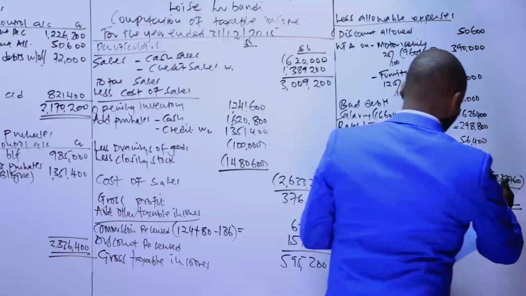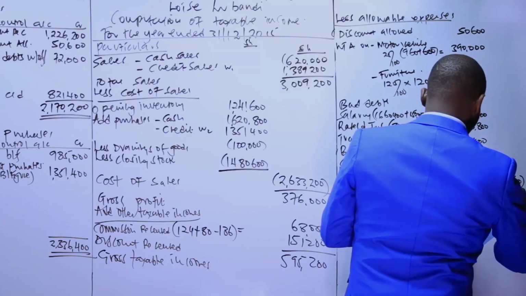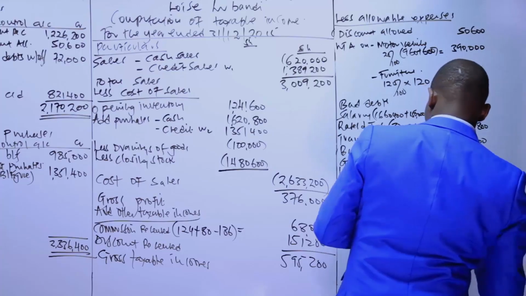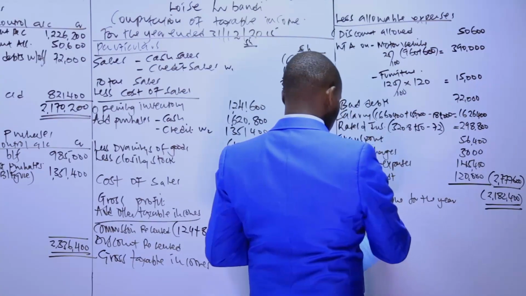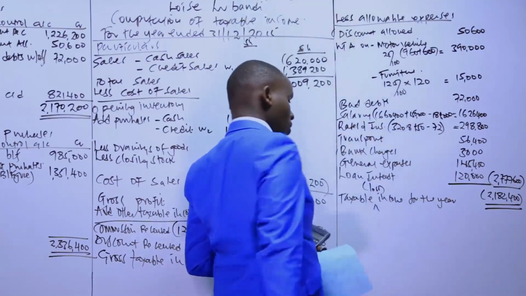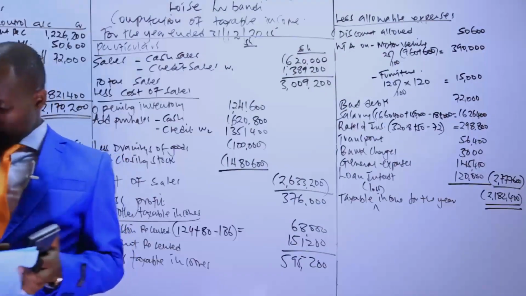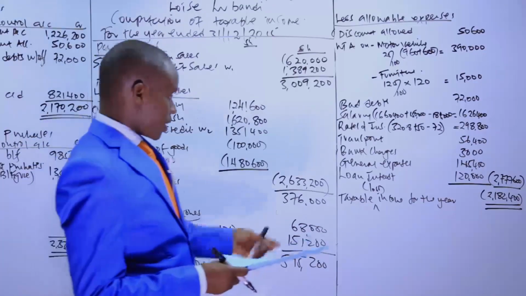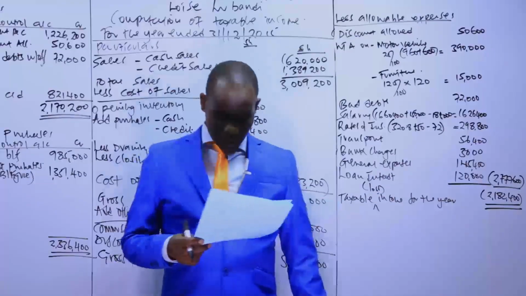You get a loss of 2,182,400. This is a loss. So this is a taxable loss. For the loss, we put it in bracket. And therefore, that constitutes the taxable loss for the period. That's how we address those 10 marks.